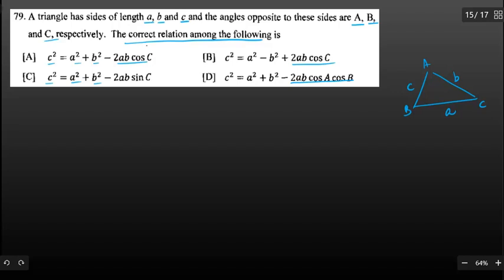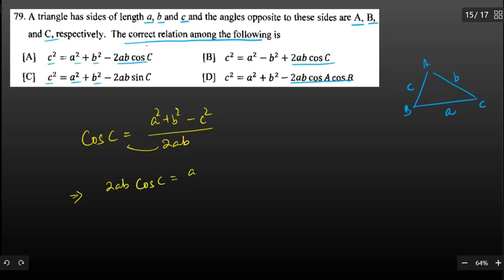Now, since they have expressed in terms of c square, let us write the expression of cos C. So cos C equals a square plus b square minus c square by 2ab. Okay, let's simplify this. Multiplying 2ab on this side, 2ab cos C equals a square plus b square minus c square.